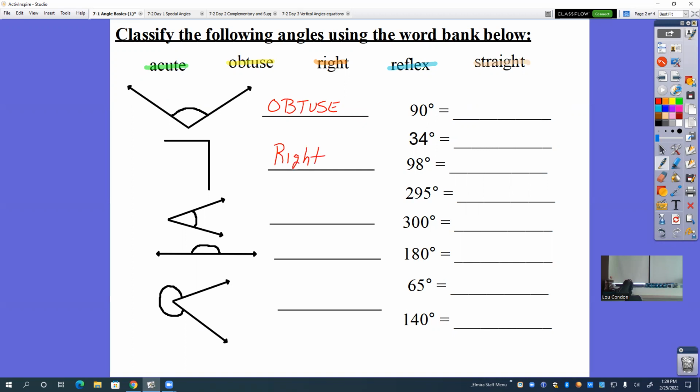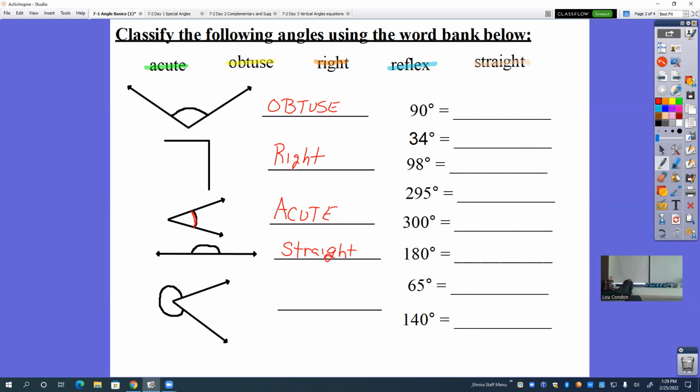That makes it a right angle. Number 3, clearly you can see that it is less than 90, so therefore it's an acute. The next one is a straight line, and it's exactly 180.